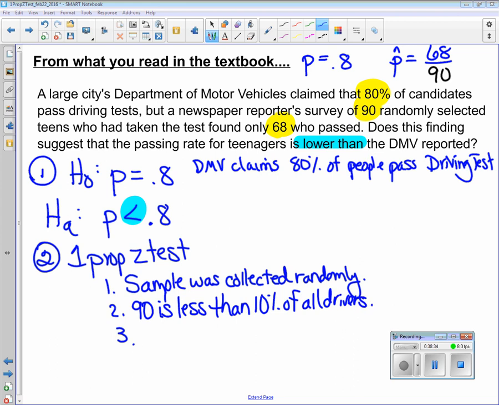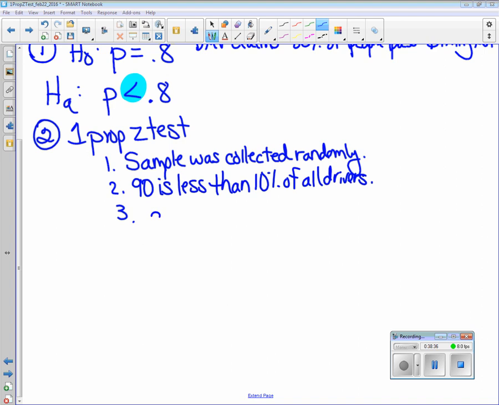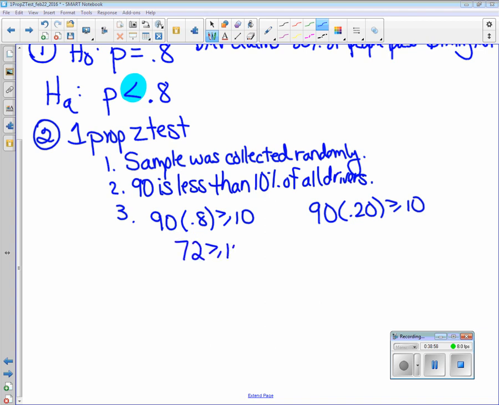And then how about NP and NQ? So N was 90. What's P? 80%, isn't it? And then Q would be 20%. What's 80% of 90? 72? That's greater than 10.